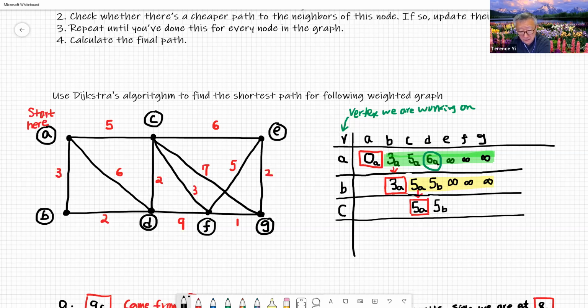Because right now, the 5B is, in order to get to D, we took A to B and B to D. It only takes 5 units.